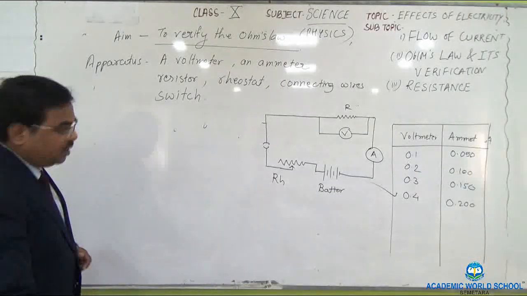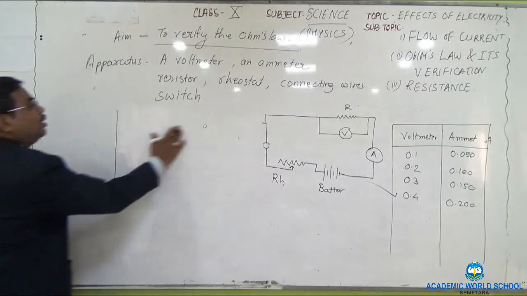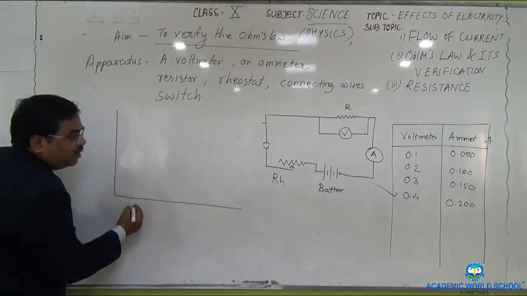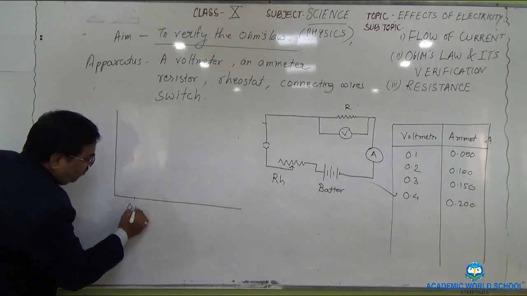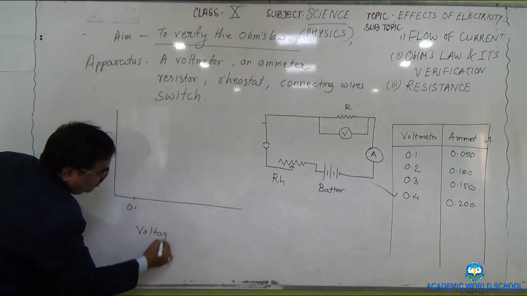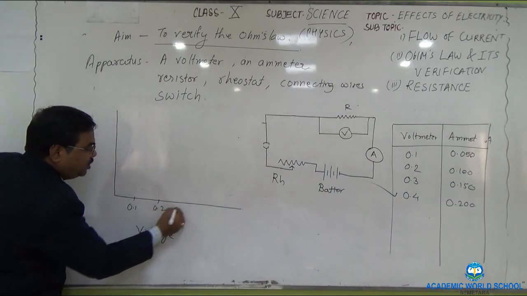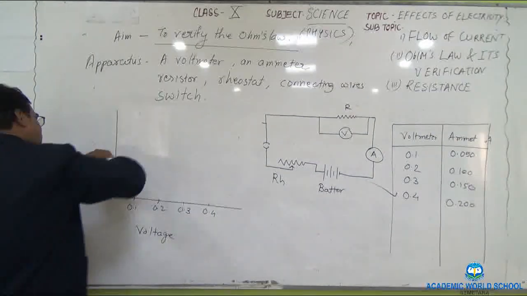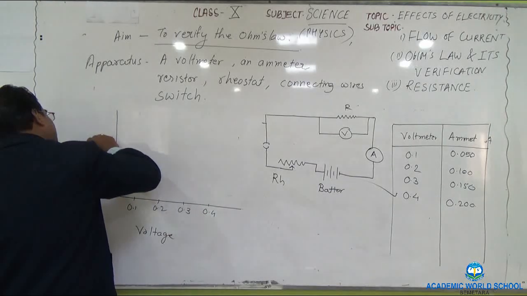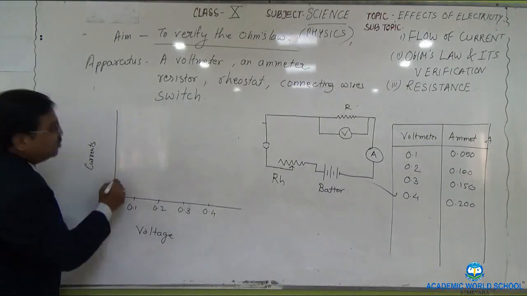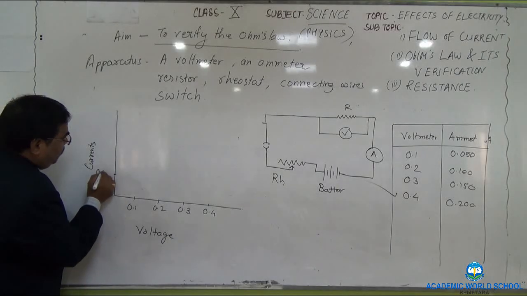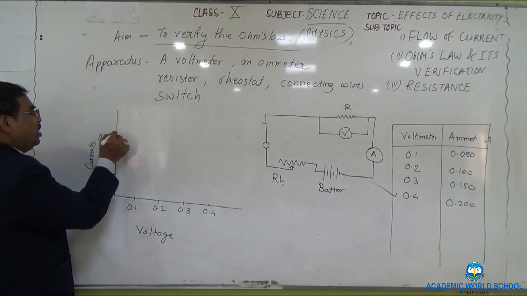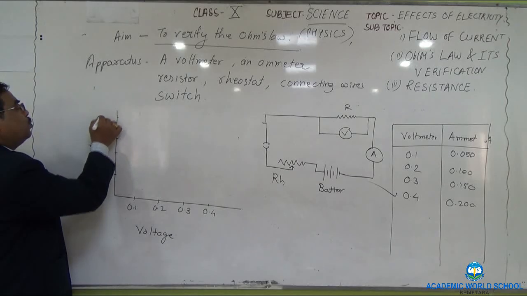For that, all of you take one graph paper and on the x-axis mark the points of voltage 0.1, 0.2, 0.3, 0.4, and on the y-axis you take the readings of current, that is 0.05, 0.1, 0.15 and 0.2.